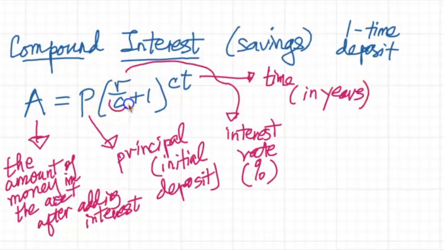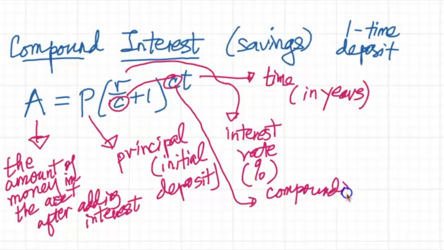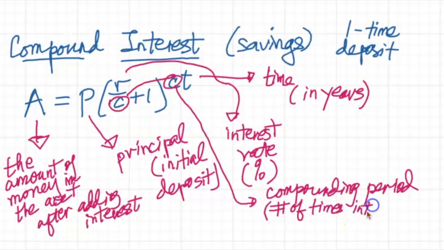Now, this value here, this C, which is the same thing as this C right here, we're going to call the compounding period. It refers to the number of times that interest is compounded per 1 year.